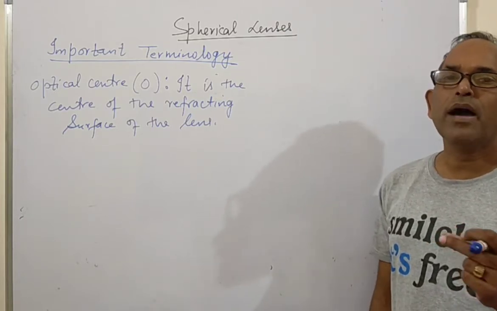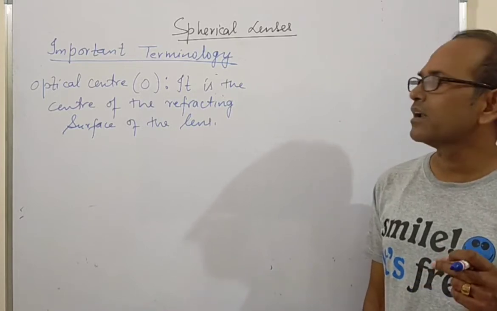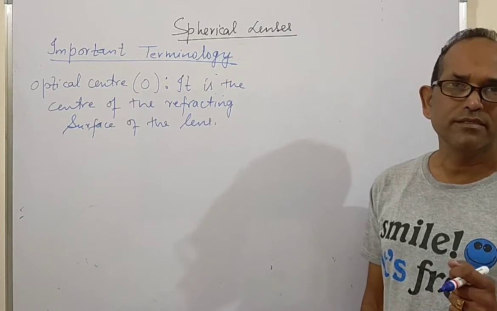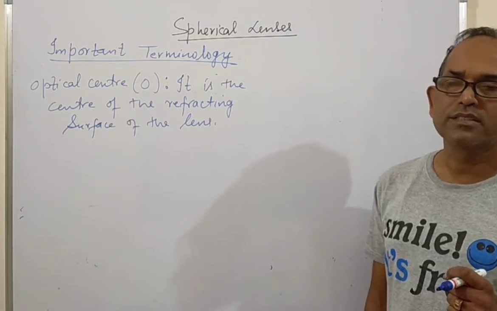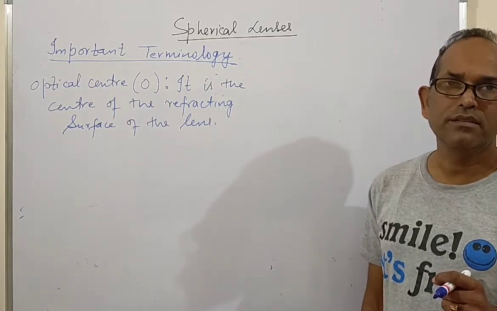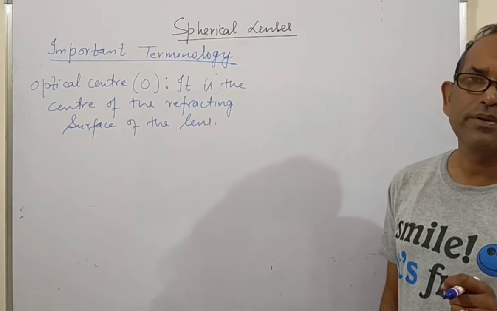There is a minor difference between the converging points of different rays of light. So students, that is called optical aberration. That particular term used is optical aberration.